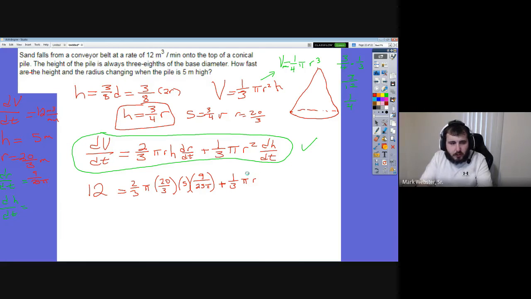Well, what's R? I'm putting in R like I don't know what R is. It's 20/3 squared, right? Times this thing that we want. I'll label it X again. So let's clean this up because this is ugly, right? This is super duper ugly.